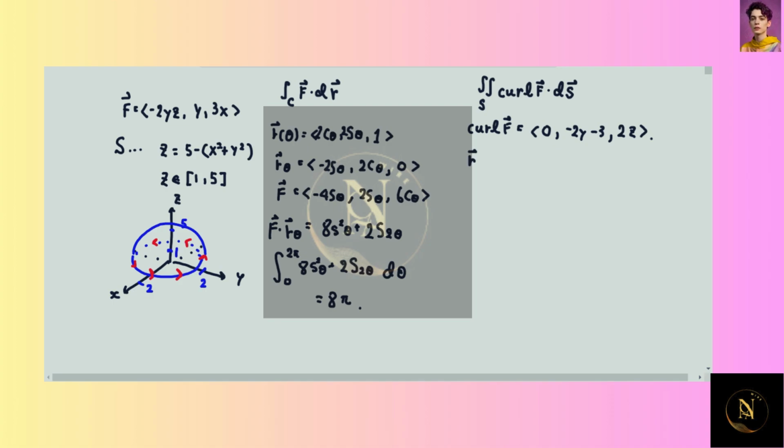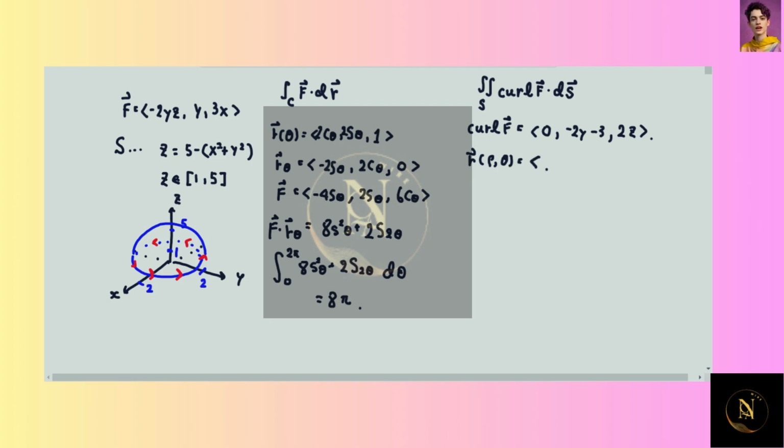All right, now I will choose the parameterization of the surface S. Let's make it clear that I am using two parameters, r(ρ, θ).